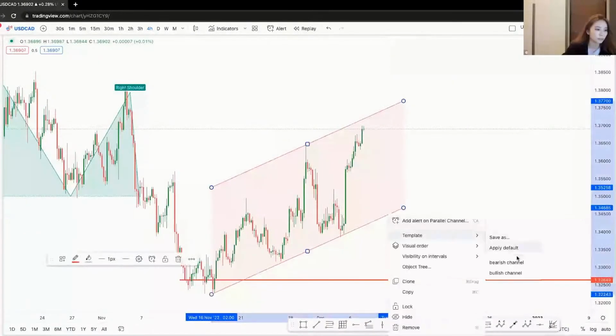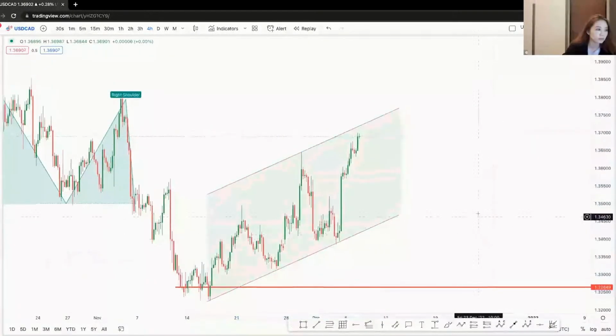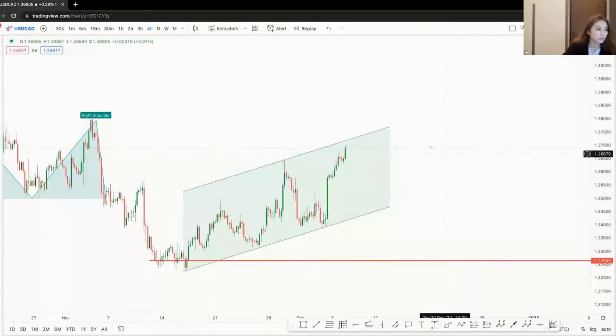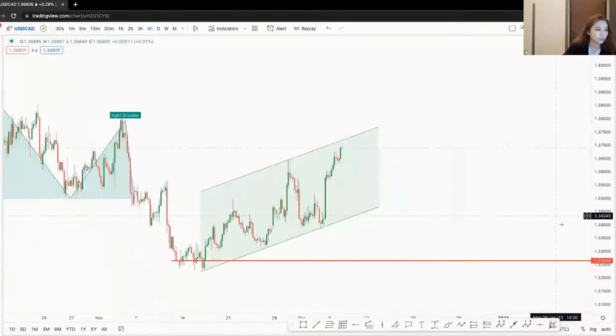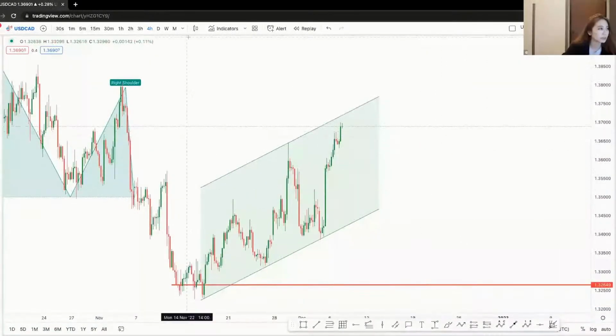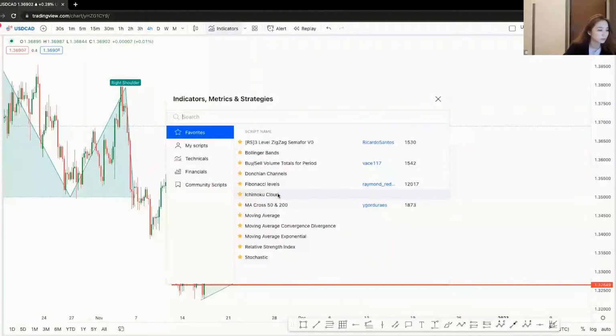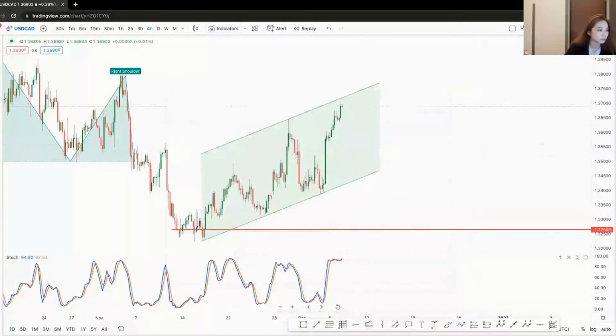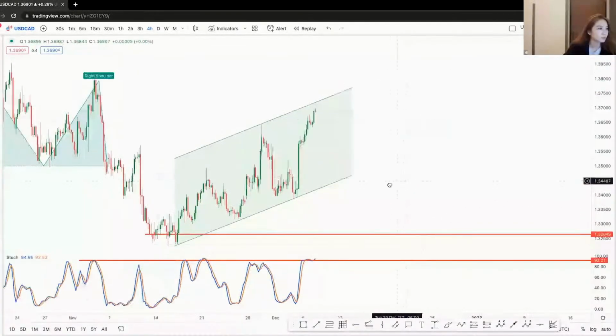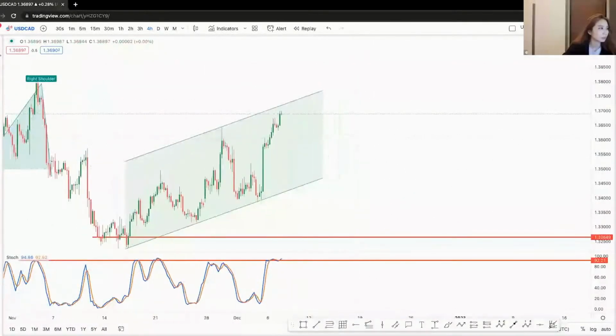There's an upward moving channel. There's a chance that it would have dropped down with the exhaustion of the stochastics as well. Yep, very high in resistance level already. I'm looking at a potential downward movement.